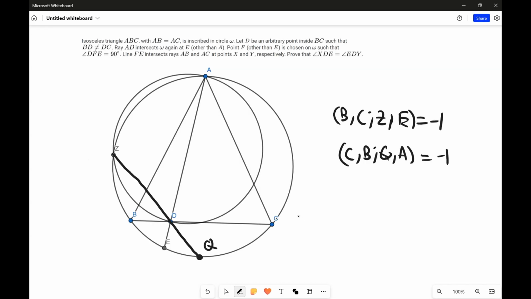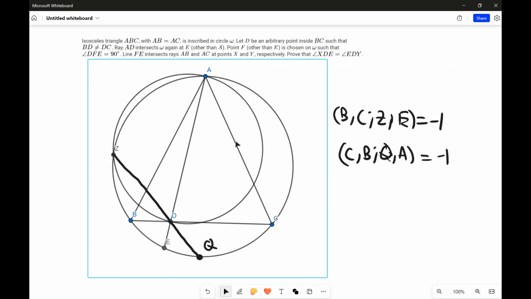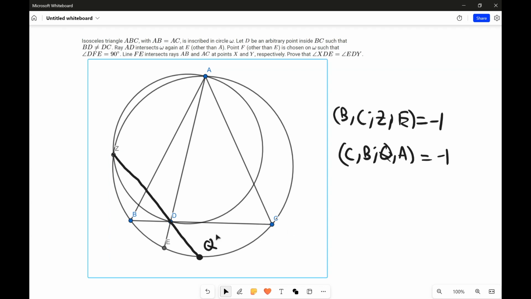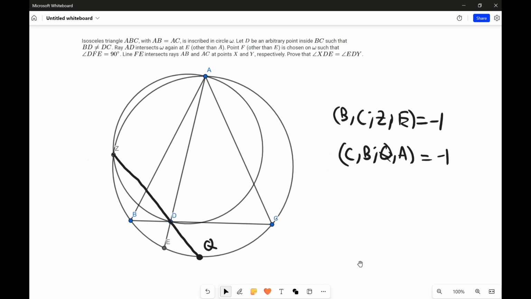And since harmonic conjugates are unique, that means that Q must be some unique point. Because ABC is isosceles, Q must be the point diametrically opposite A. So that means we want to show that if Q prime is the point diametrically opposite A, then Z, D, and Q prime are collinear.